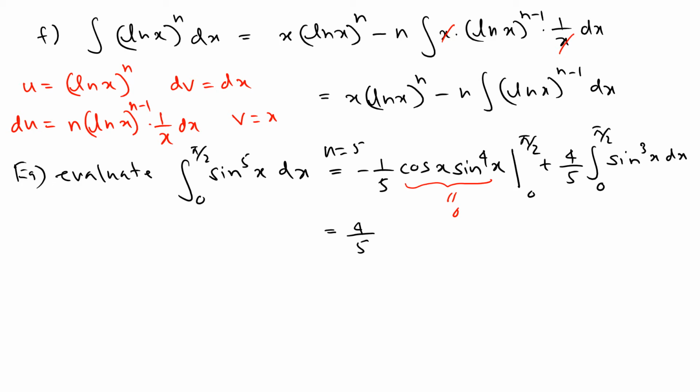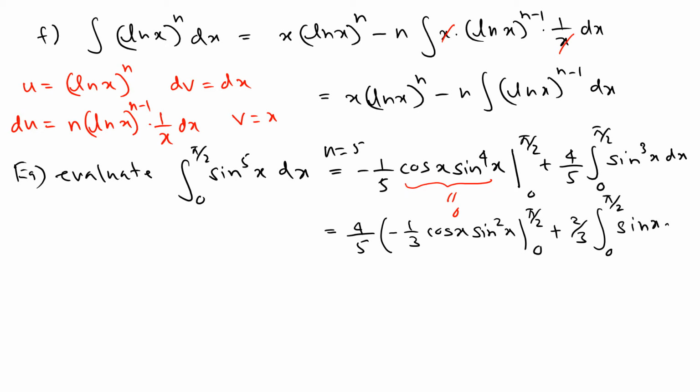Again we can use the formula, now with n equal 3. That means negative 1 over 3 cosine x sine squared x, evaluated at pi over 2 and 0, plus 2/3, subtracting 2, the integral of sine x dx.